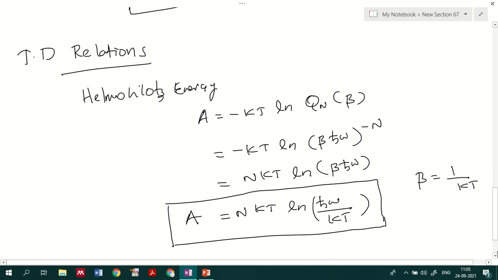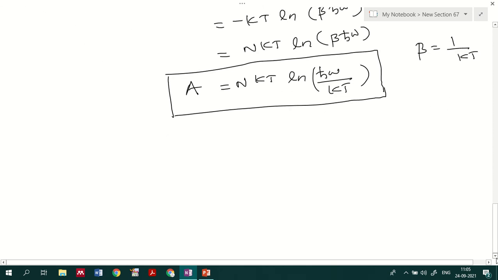Now we have the corresponding representation for the Helmholtz energy. Then we'll find the pressure. Pressure is equal to minus dou A by dou V, at constant number of particles and temperature. There is no V in this expression, so it will be 0, because when you take dou by dou V, this is a constant.